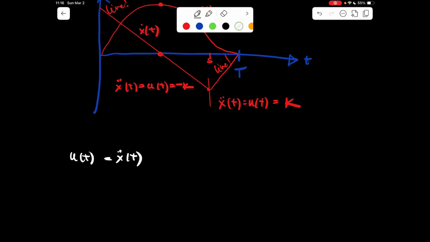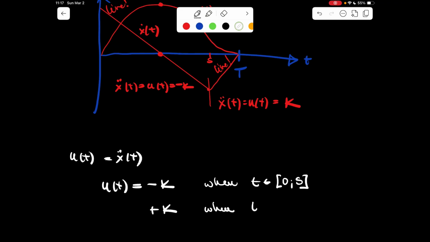Initially, between 0 and s, it is negative. When time is between 0 and s, then it is plus k when we are beyond point s.